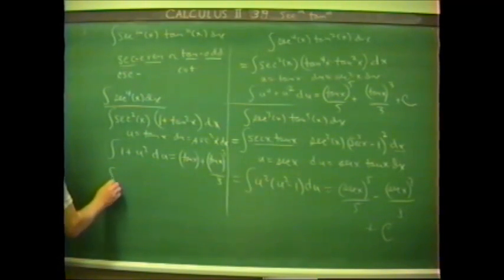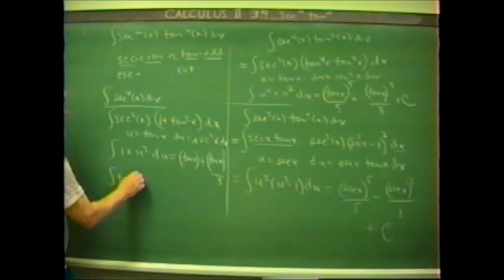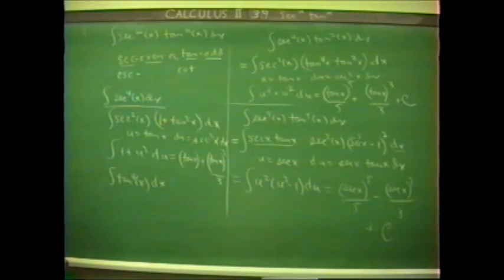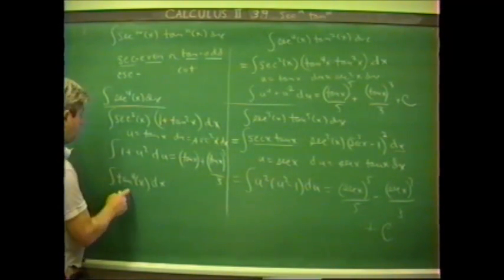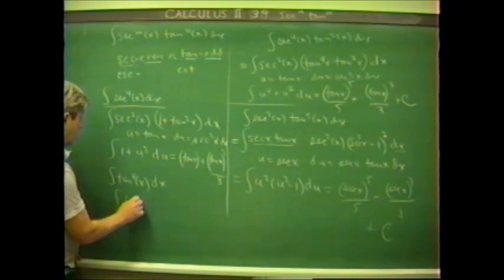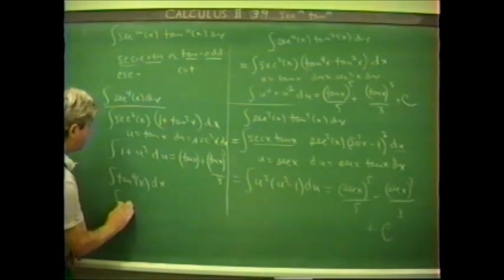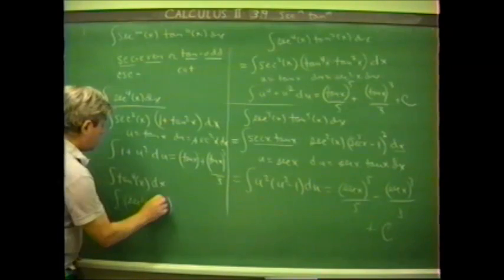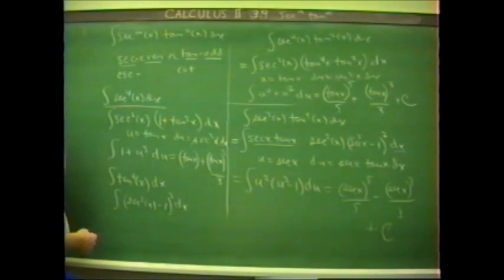So, for example, if you want the antiderivative of tangent to the fourth of x dx, we change this to tangent squared, which is secant squared minus 1, all squared, dx.